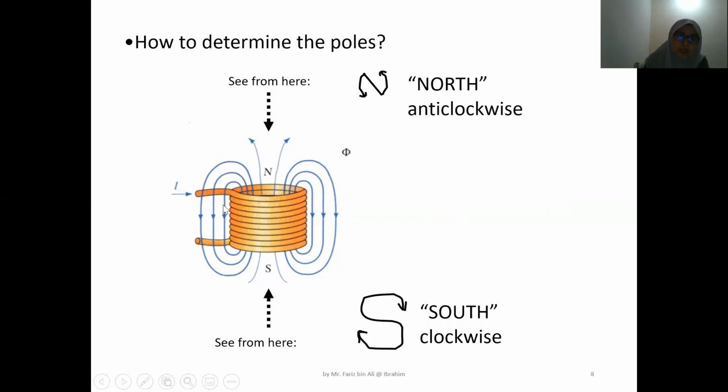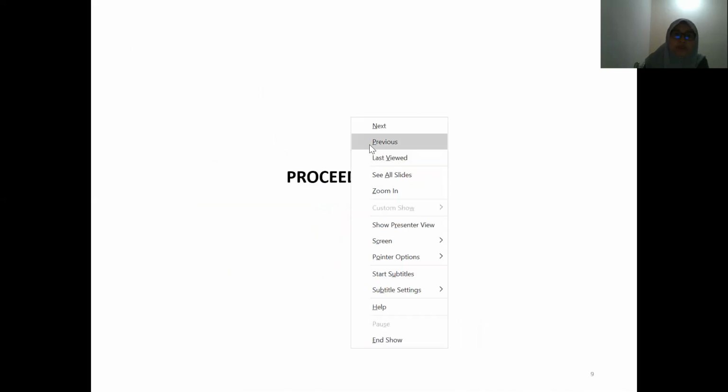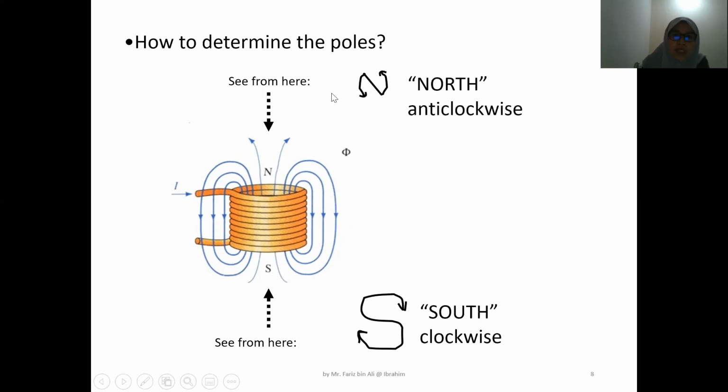We can consider this as a north pole, since the flux direction is anti-clockwise. The direction of the anti-clockwise flux line gives you a north pole.